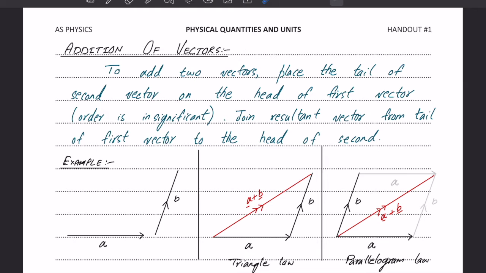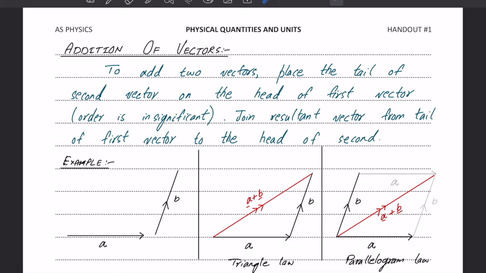But you have to apply head to tail rule of vector addition. So you pick one vector, you draw A as it is. But when you draw B, you have to redraw B, without changing the orientation of B, the length of B, onto the head of A, so that the tail of B lies on the head of A.